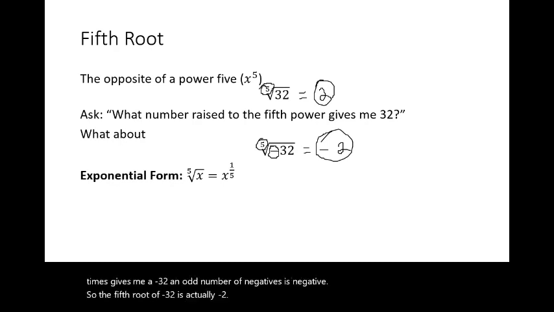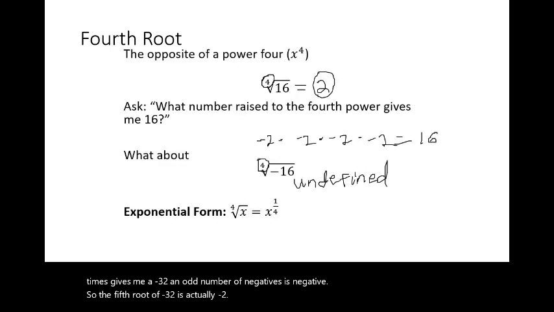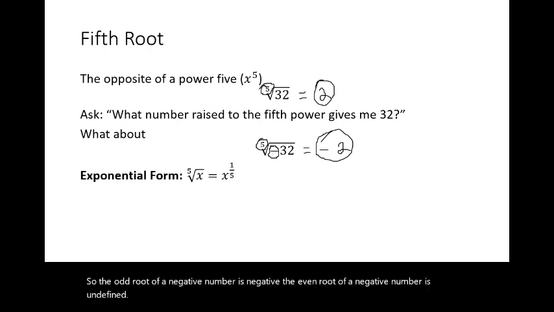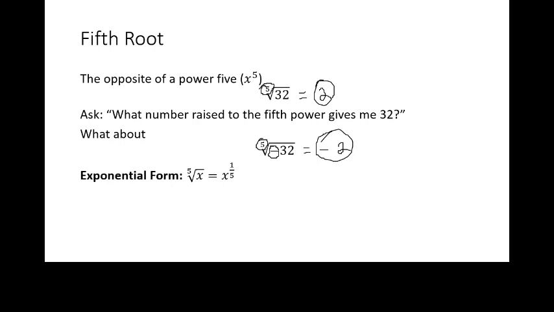So the odd root of a negative number is negative. The even root of a negative number is undefined. And then in exponential form, the fifth root of x is equal to x to the power of 1/5 written as an exponent.